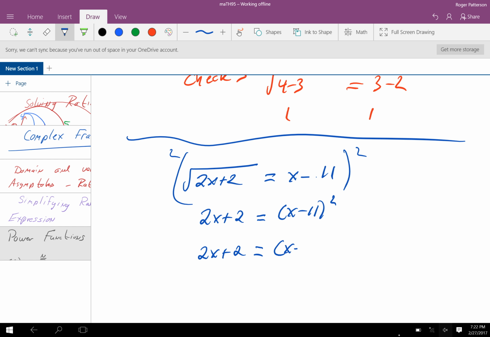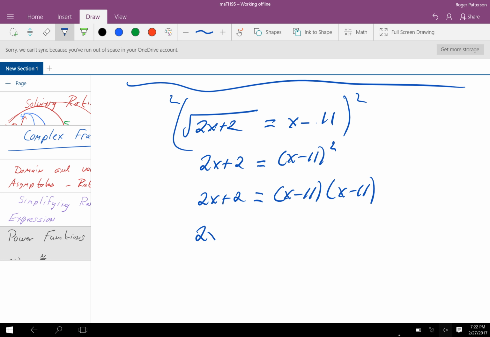Going to write it twice. x squared minus 22x plus 121.